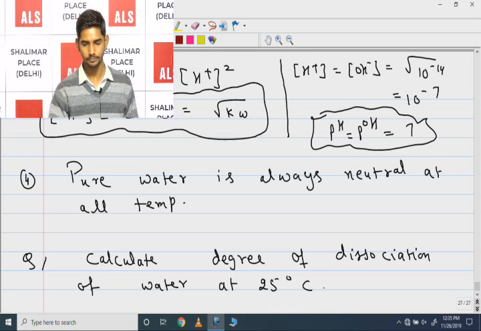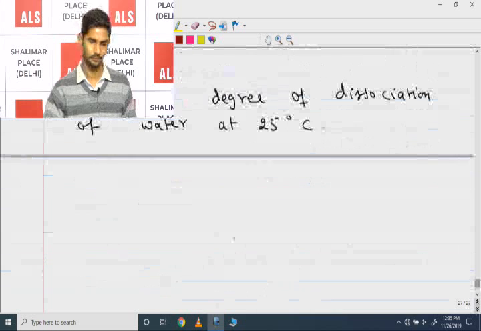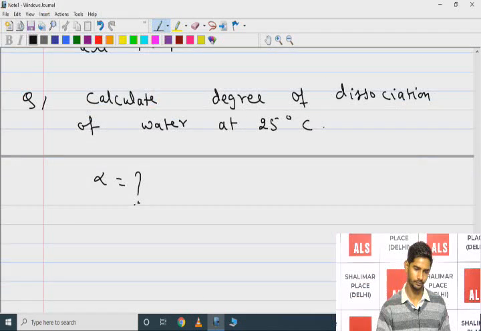No, you have to calculate the alpha. You have to calculate the alpha. How can it be 10 to the minus 14?